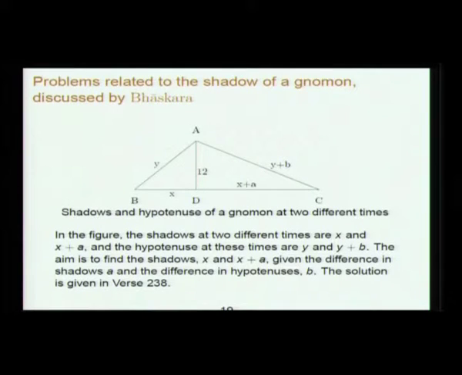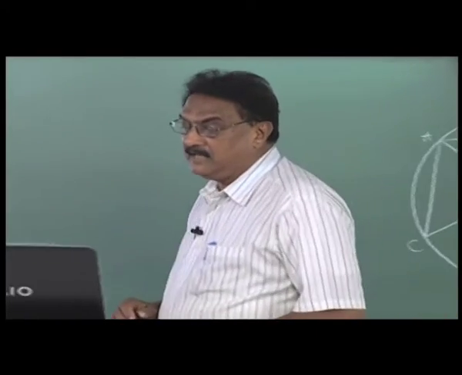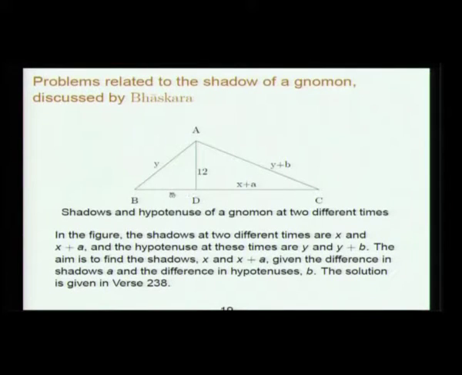Then the shadow of a gnomon, all that we had seen also; earlier works invariably discuss these shadow problems. Here he gives a little more advanced problem. There is a gnomon, shanku, whose height is 12.